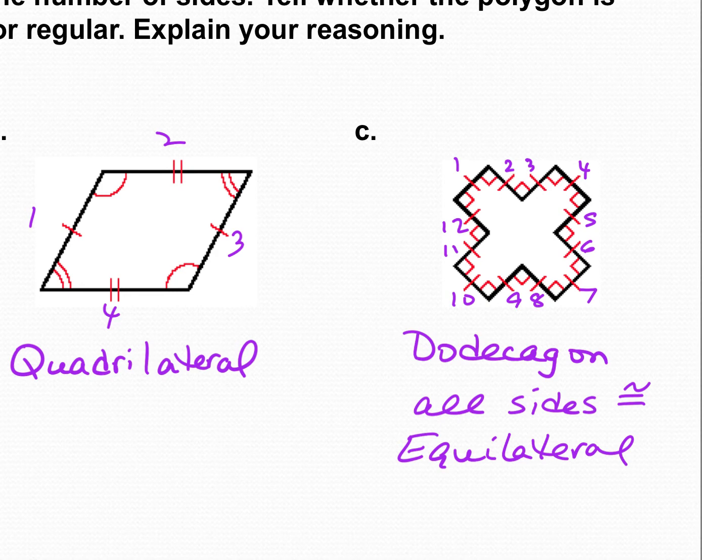It would not be regular because my angles are not congruent here. So I have a congruent angle here and here, but then the angle over here isn't, this is on the outside. So this would be the reflex angle, so it would be like a 270 degree. Okay, so it's a concave, it's not convex. So it's only equilateral.